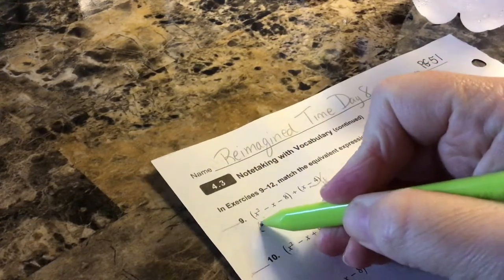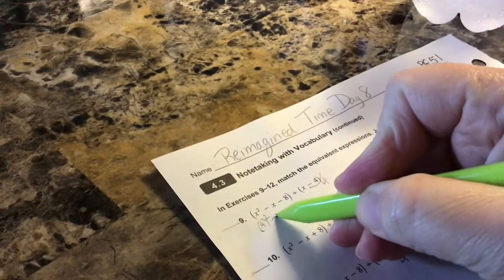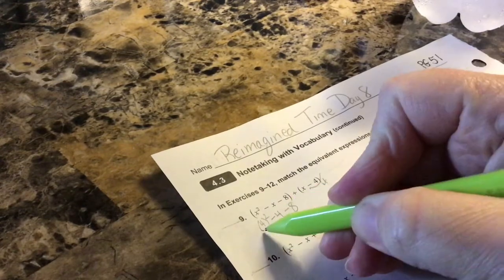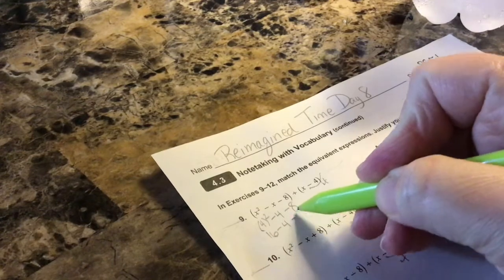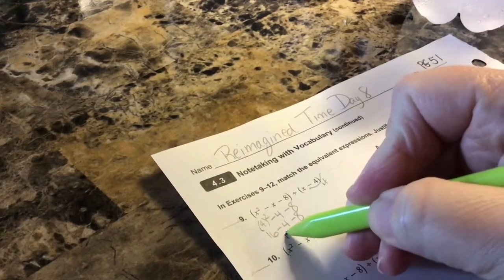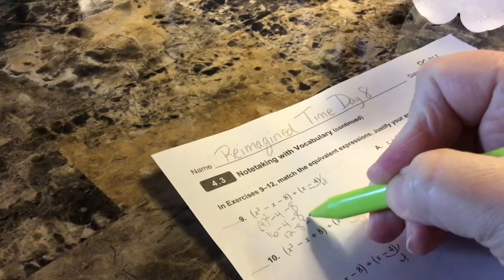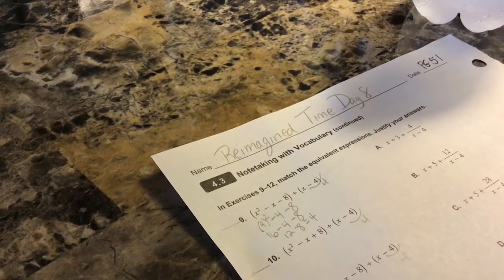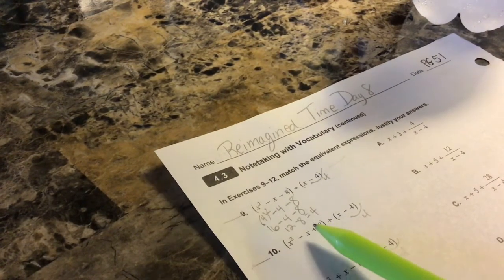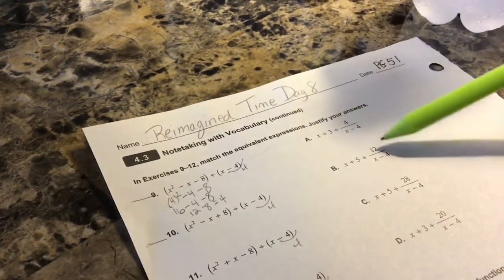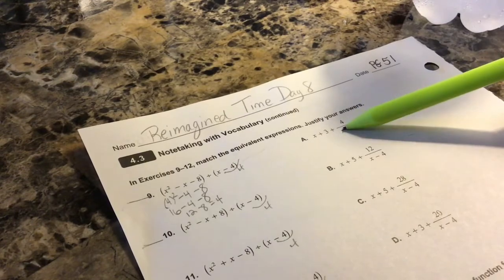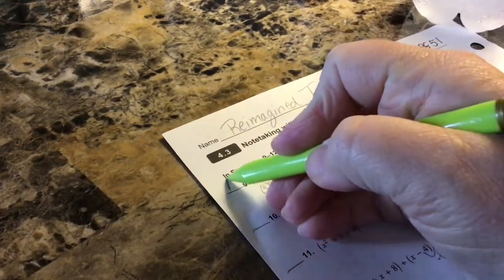So I'm going to substitute 4 everywhere x is. I'm going to do order of operations, do my exponent first. 16 minus 4 is 12. So I get 4. That means if I were to do long division or synthetic division, my remainder would be 4. Now, which problem over here has a remainder of 4? That would be letter A.